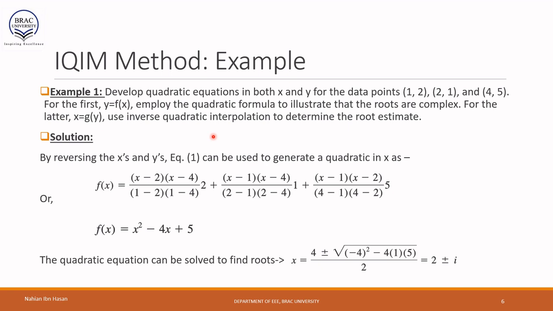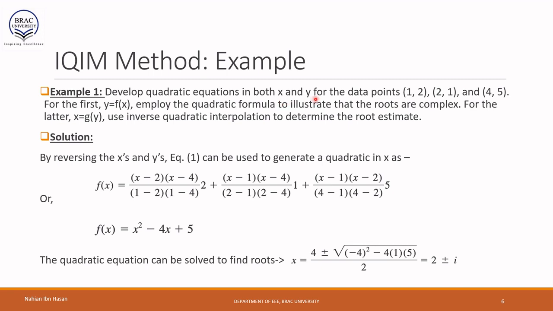So let's look at an example. For example, we are given three separate points: (1, 2), (2, 1), and (4, 5). We are asked about fitting a quadratic equation in both x and y terms. For the first case, y equal to f of x, which is going to be used for the quadratic formula, and for the latter case we are going to use x equal to g of y for inverse quadratic interpolation.